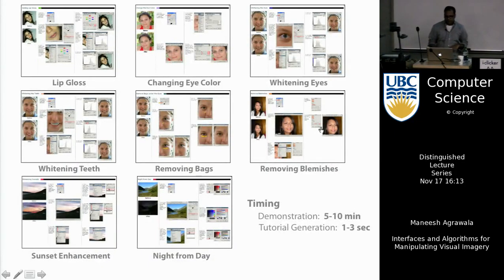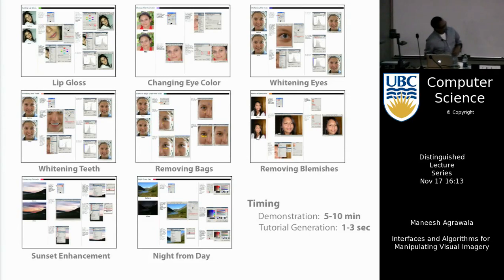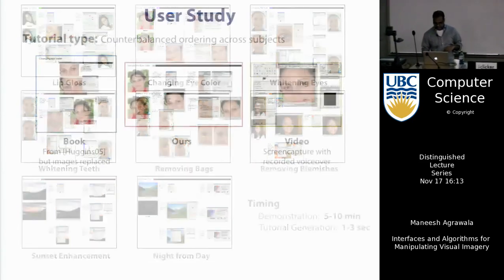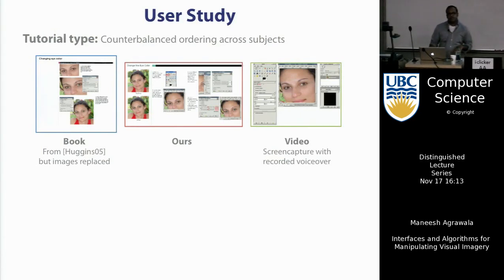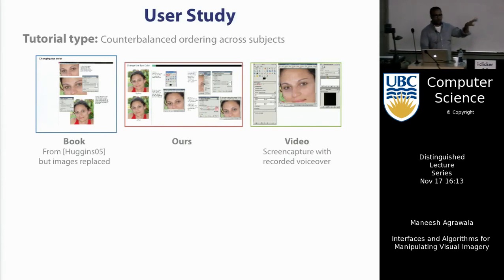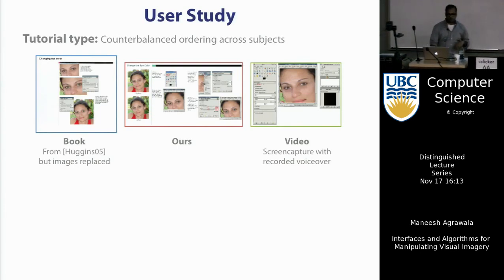Okay, so that was our system, and we have studied the system a bit. We ran a user study in which we compared our automatically generated tutorials to a tutorial from a book, but we replaced the images from the book tutorial with our images to control a little bit for that difference.